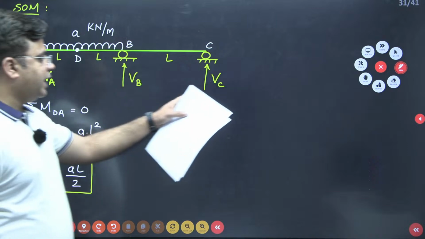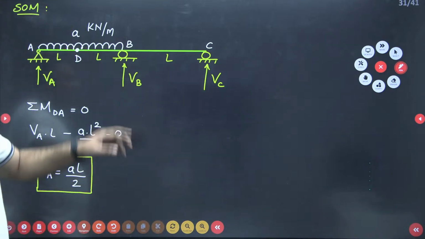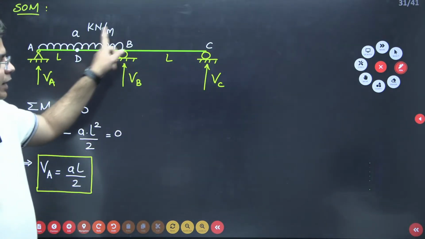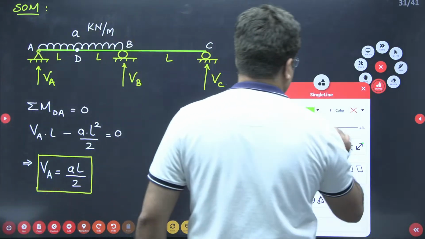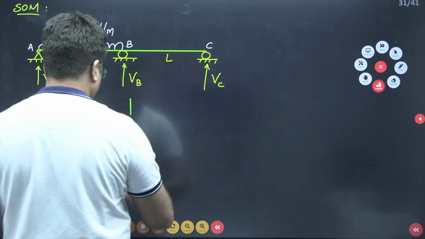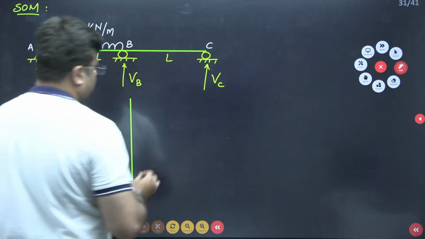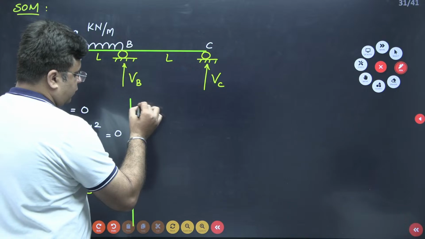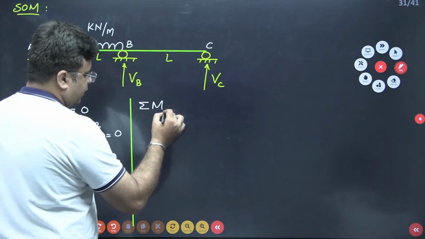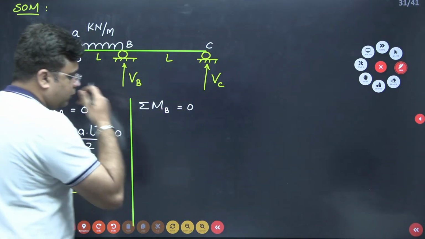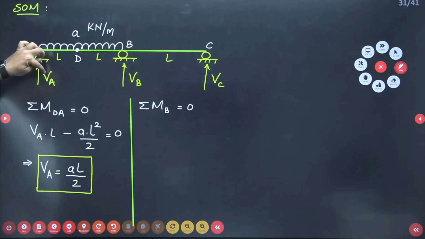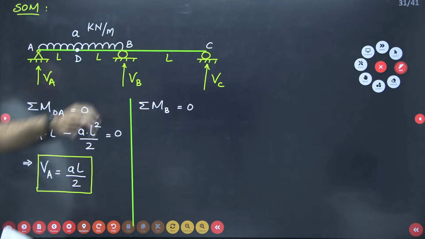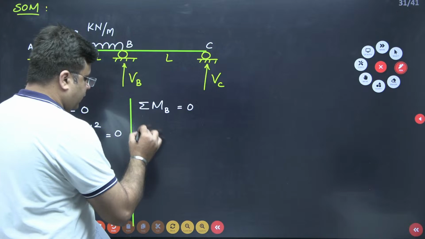Now next, for calculating this VC, what you can do is stand at point B and write down summation of moment about point B equal to 0. So when you stand at B, there will be first a moment due to this VA, and that is going to give a clockwise moment about point B. Value will be VA into 2L.